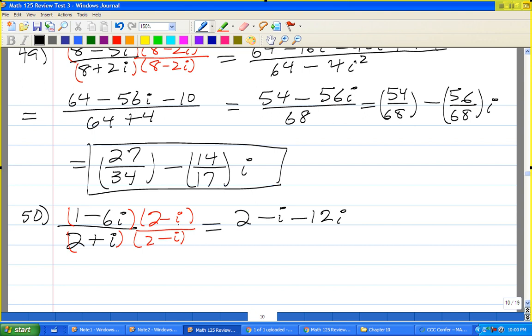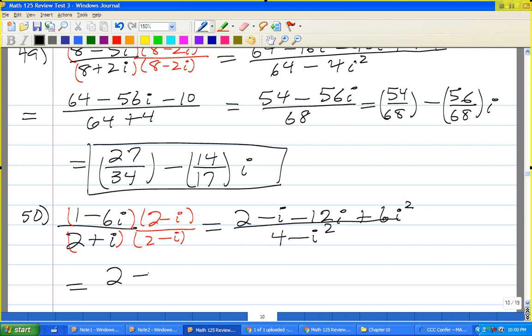Negative 6i times a negative i is a positive 6i squared. 2 times 2 is 4. i times negative i is a negative i squared. And so i squared is negative 1.